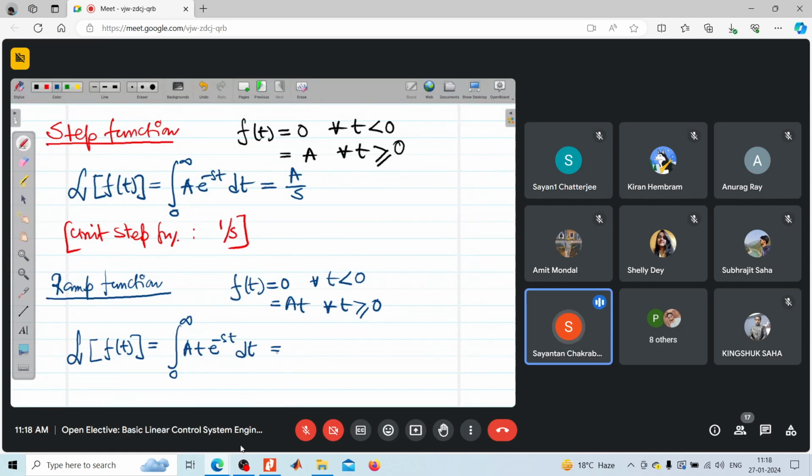Since there are two parts in the integration over here, you can associate this as a t times e to the minus st by minus s, evaluated from 0 to infinity, minus the integral of a e to the power minus st by minus s dt.